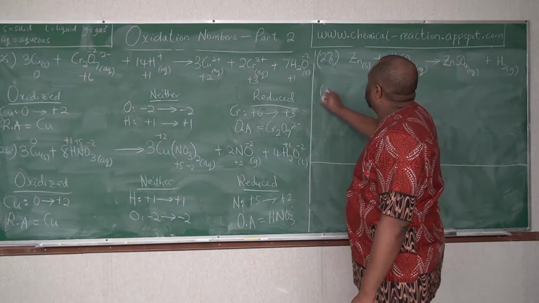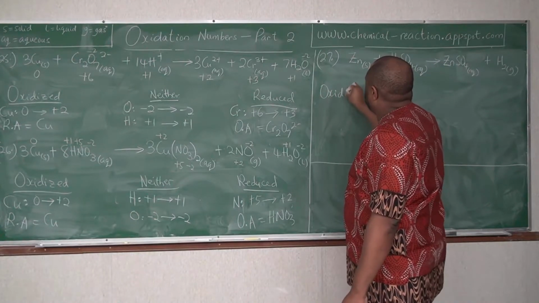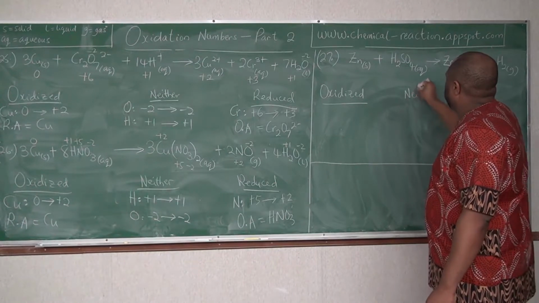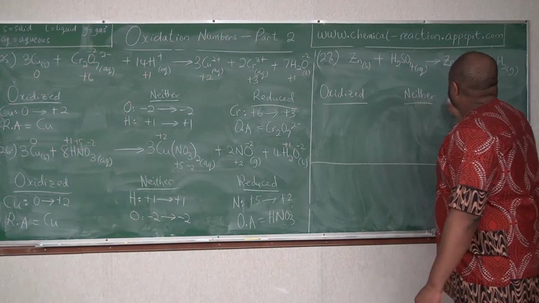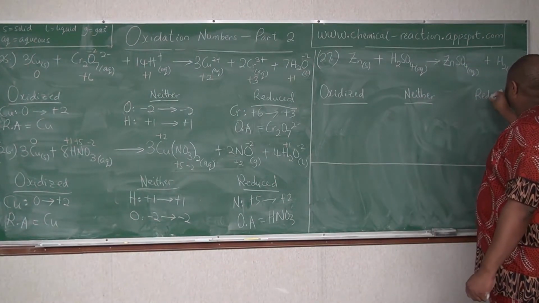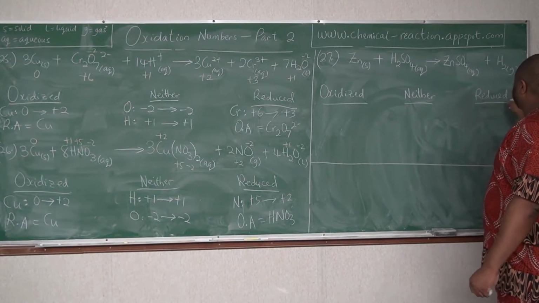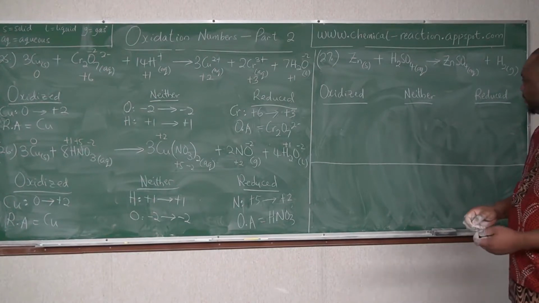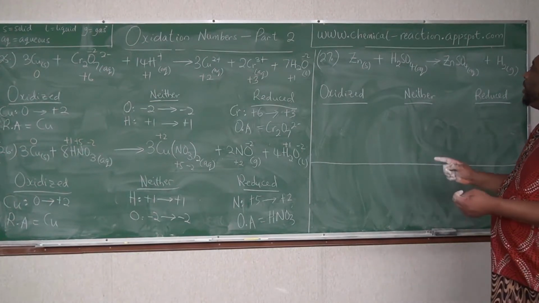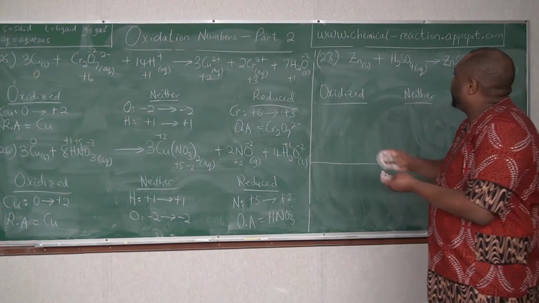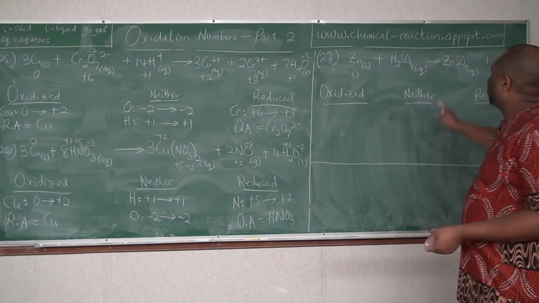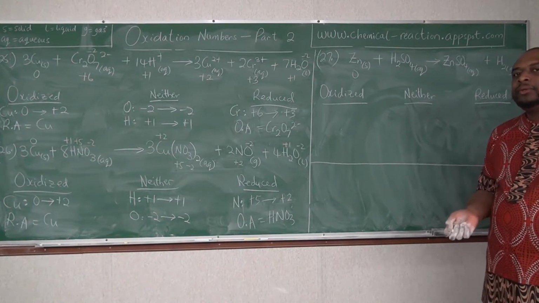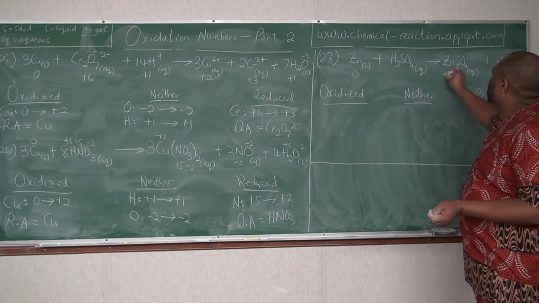So we are looking at oxidized, neither, and then reduced. Zinc here is 0, and zinc here is plus 2.